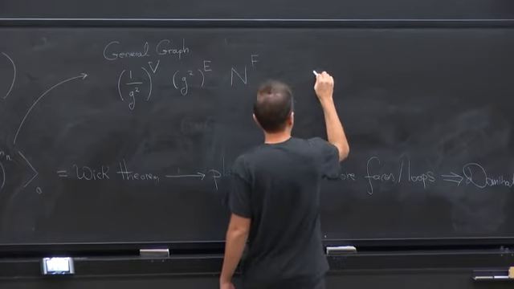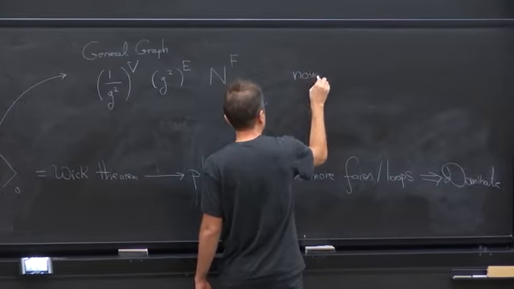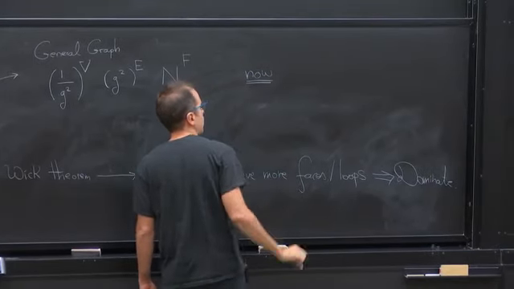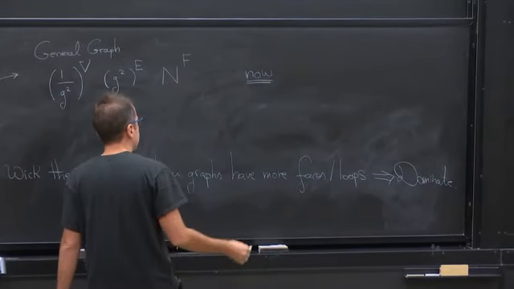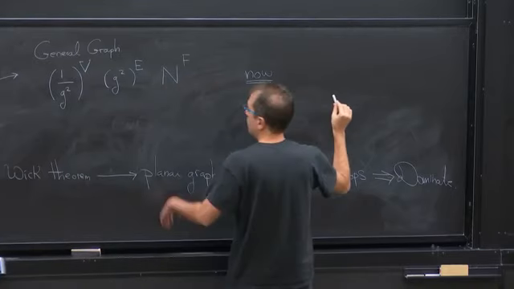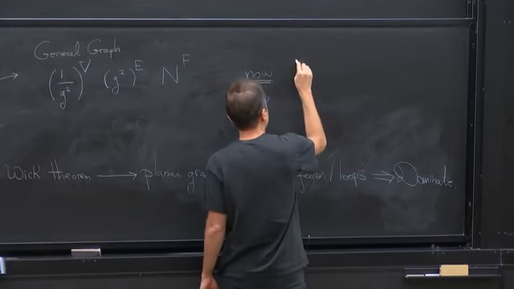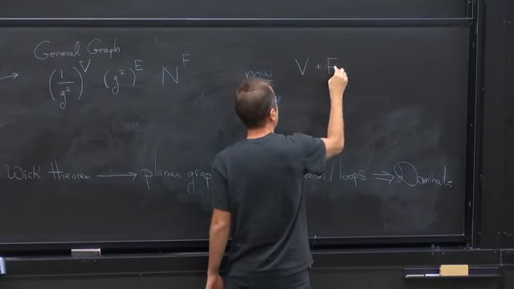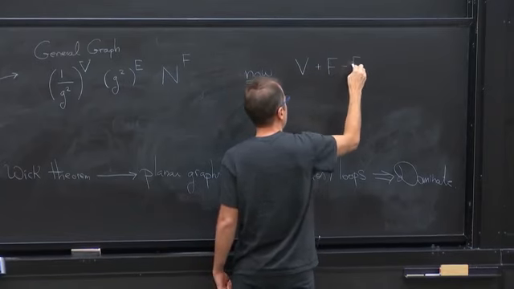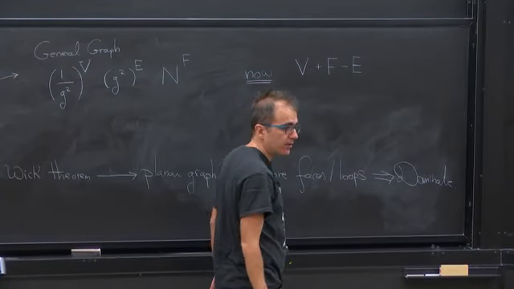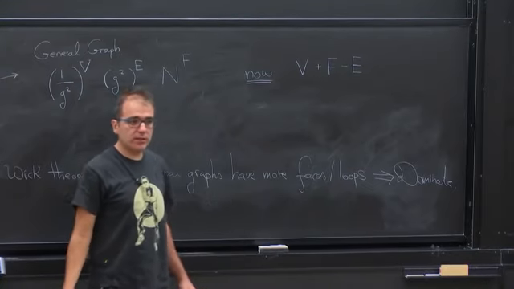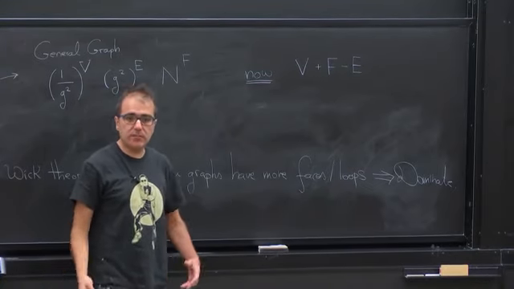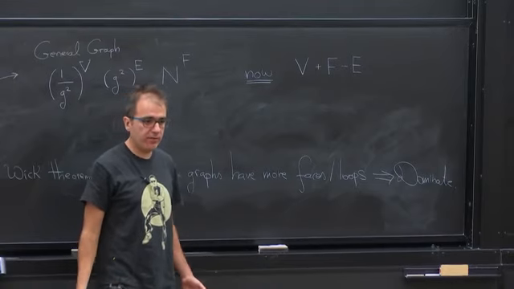Now, here comes an important fact, which is that there is a relation between these three numbers: the number of vertices plus the number of faces minus the number of edges of a graph is a topological quantity called the Euler characteristic that measures the genus of the graph.